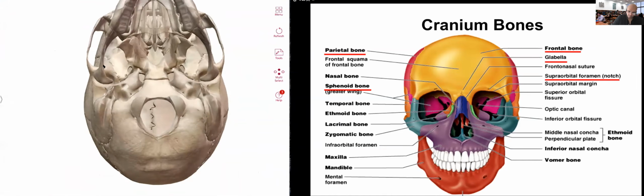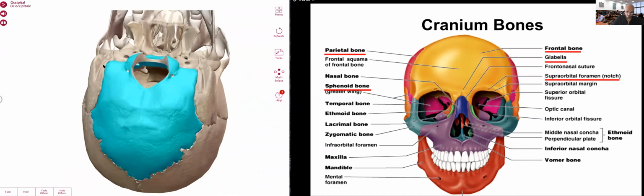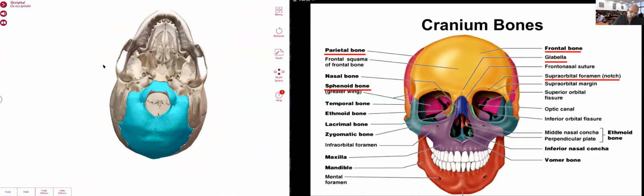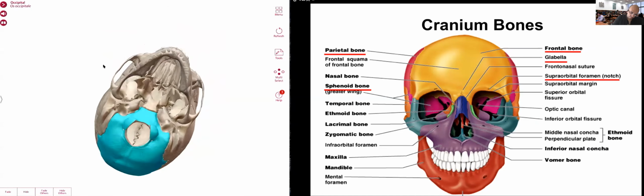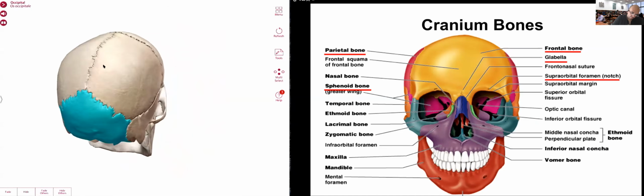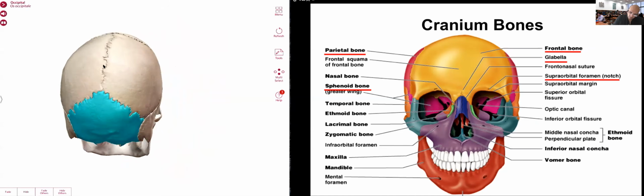So looking here at the occipital bone, the first important landmark that we have is this elevated part in the dorsal aspect of the occipital bone. If you touch the back of your head, you can feel that there is an elevation in the posterior aspect of the occipital bone, just above your neck.